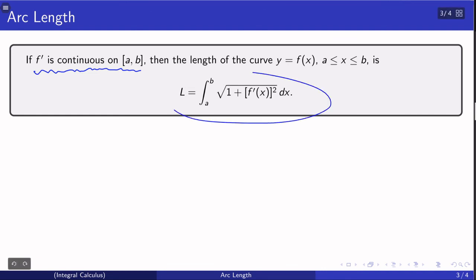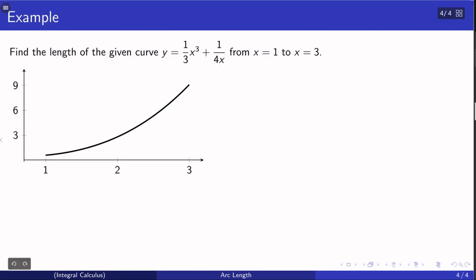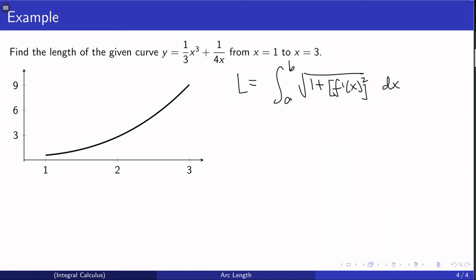So why don't we apply this to our previous problem? So here's the same problem on the new page. The arc length is just the integral from a to b of the square root of 1 plus f prime of x squared dx. So that's a, that's b. What's f prime of x?